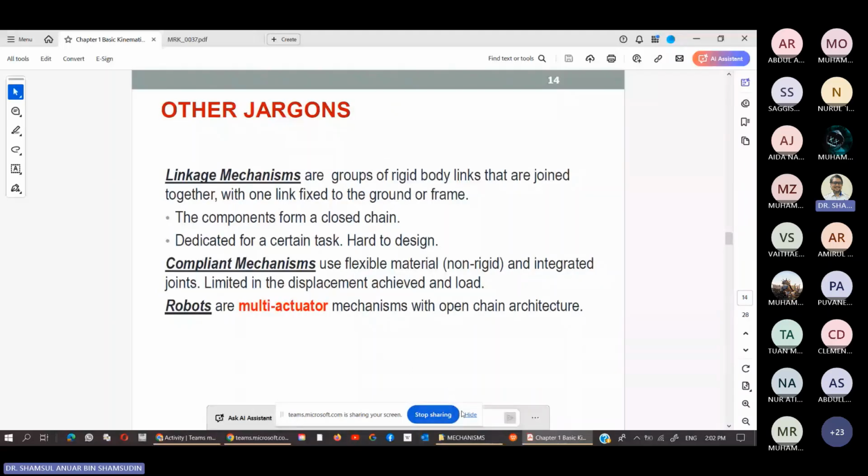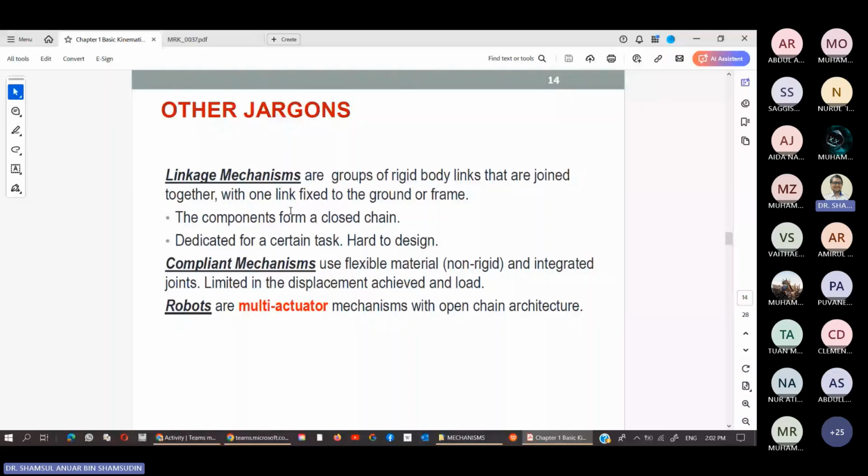Okay. If we go to page 14, we have linkage mechanism. So there are many types of mechanisms. Even things that we have learned before, such as gear system, belting system, chain, those are all mechanisms as well. And those are rigid body mechanisms. Rigid means they don't deform that much.